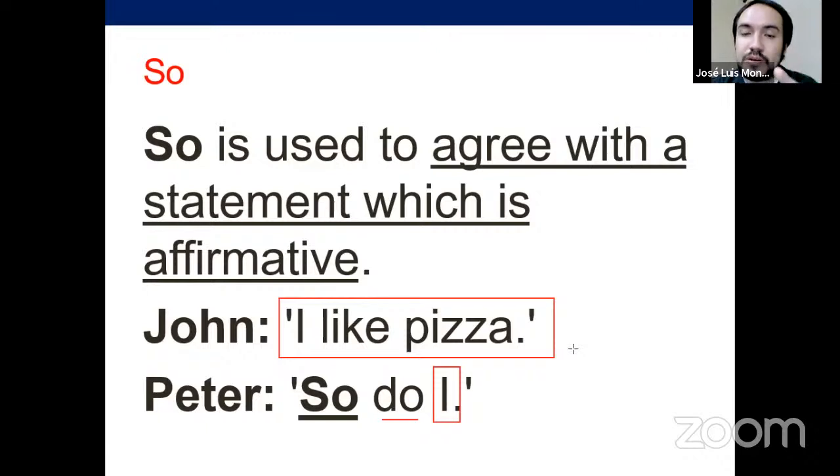If you see the verb to be in present or in past, you have to use the verb to be. So was I. Remember that you only use do, does, or did when you see other verbs in present or past that are not the verb to be. But if you see the verb to be, you have to use the verb to be.